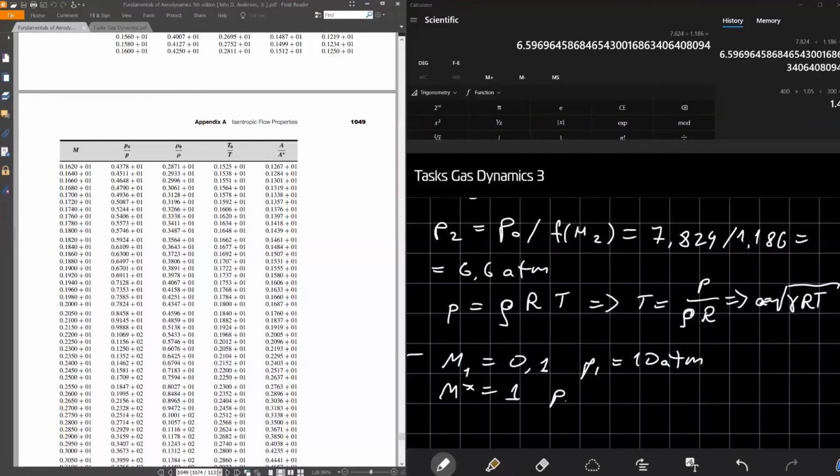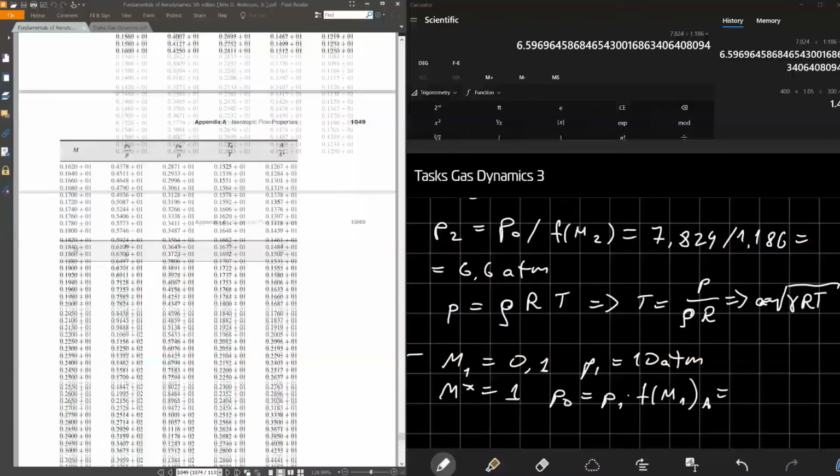I write that P0 is using the same formula as I wrote here, but in the opposite direction. It will be a product of pressure P1 multiplied by the function of Mach number 1 from appendix A. My P1 is 10, I remember.